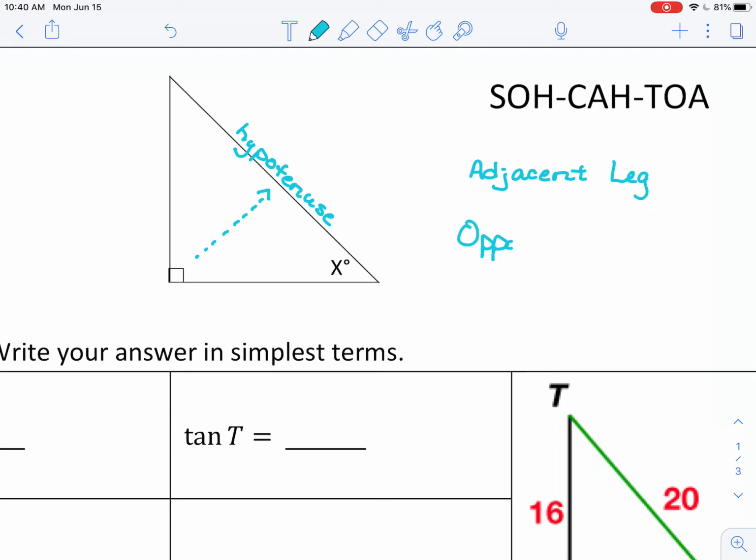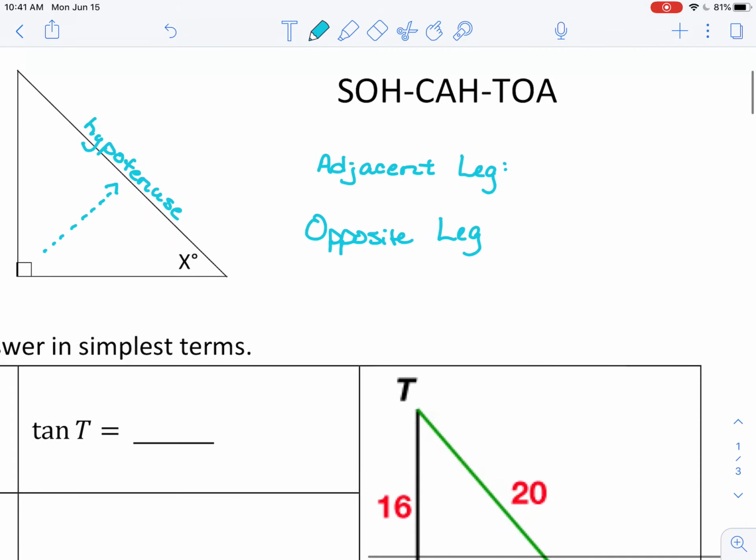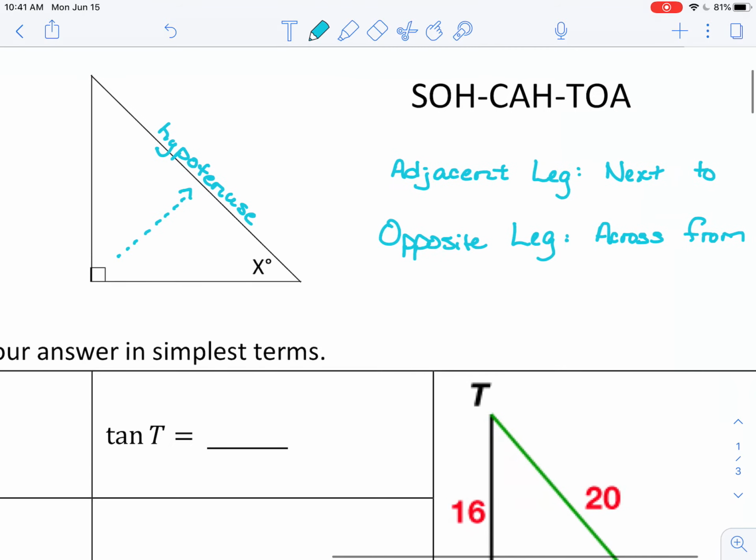So adjacent leg and opposite leg. Adjacent is a fancy word that means next to. Opposite is a not fancy word that means across from. That's what we need to think when I talk about adjacent and opposite.